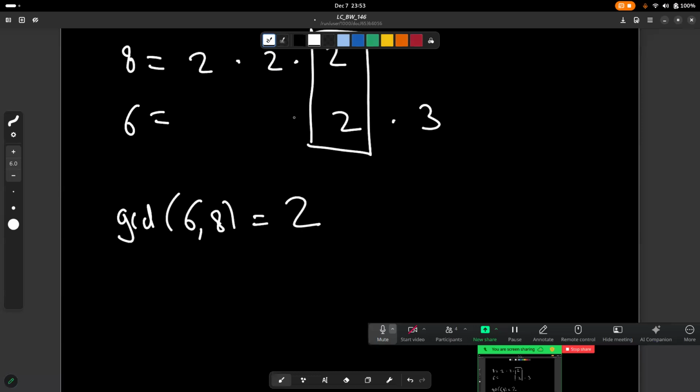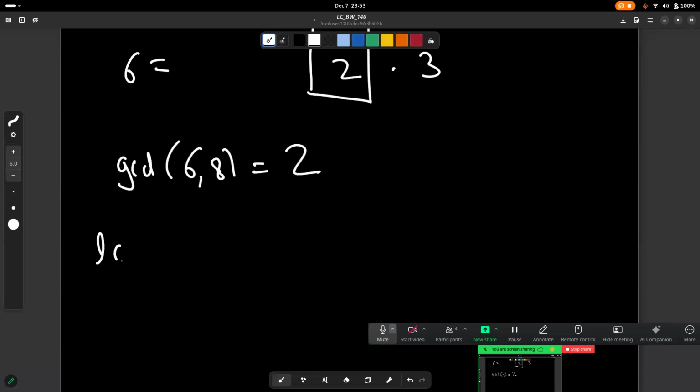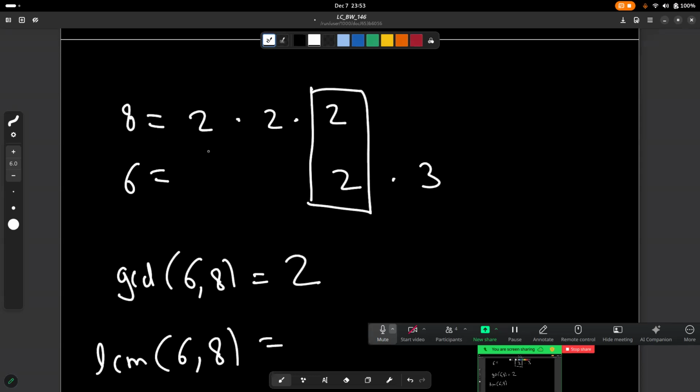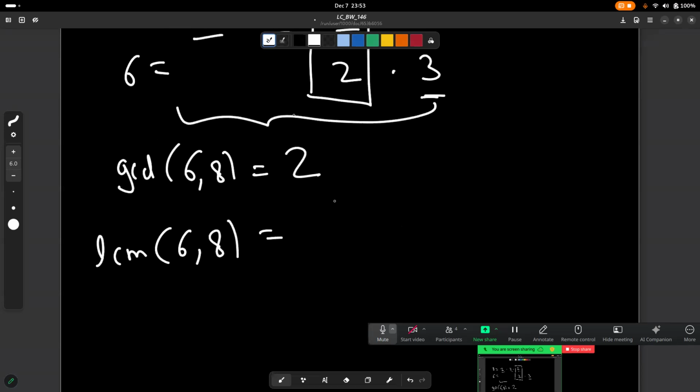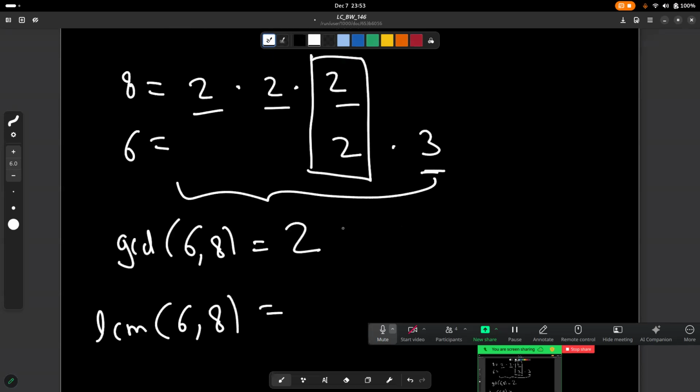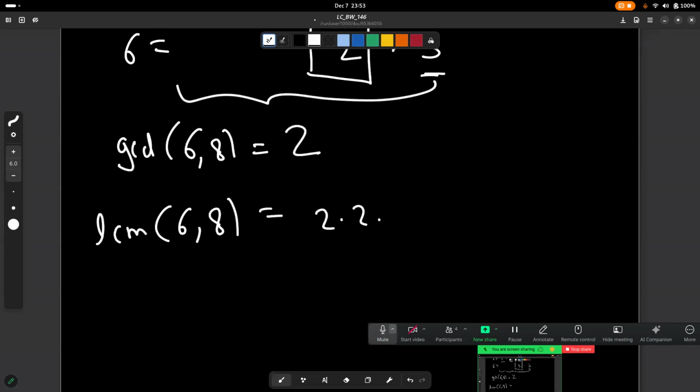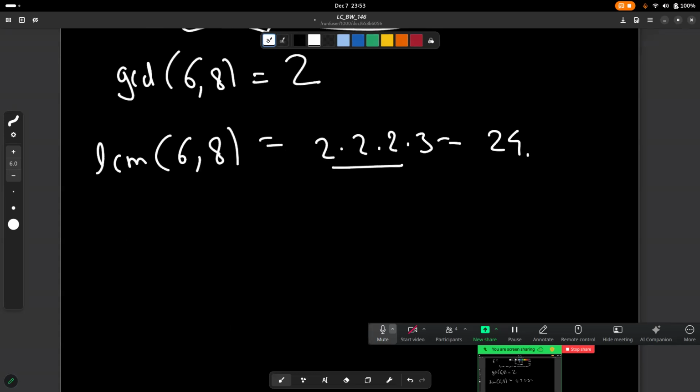And what is the lowest common multiple of 6 and 8? Since it's divisible by 8, it must have 2 three times, and it should at least have this 3. So it will have all of these things: 2 into 2 into 2 into 3, which is 24. Okay, so this is our LCM.